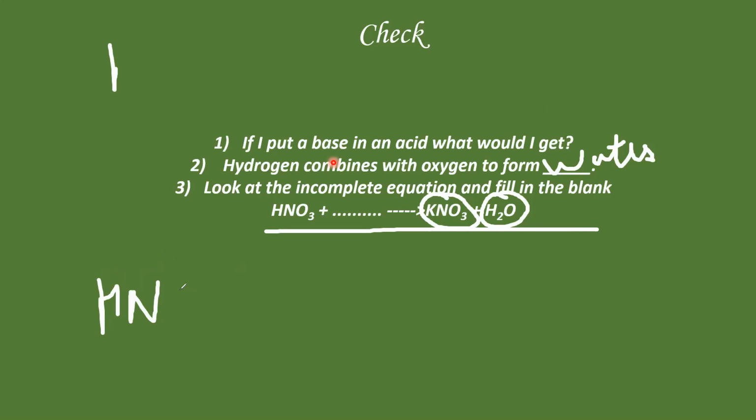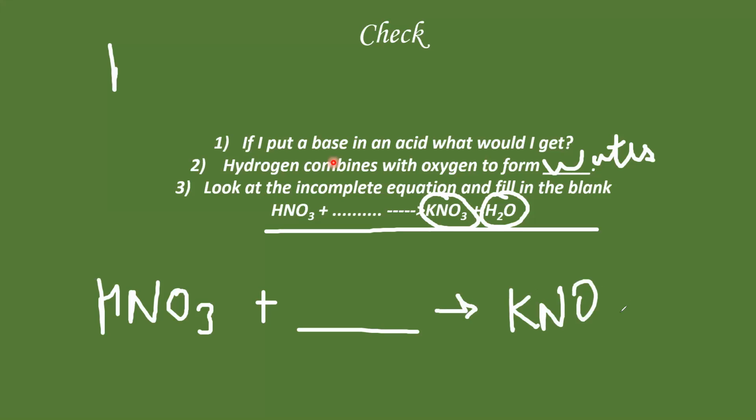Okay, any one of you? I'm just going to go ahead. Let's say we have HNO3 plus dash gives KNO3 plus H2O. First and foremost, we have to look for the kind of elements or compounds that are present. I'm going to change my color over here.